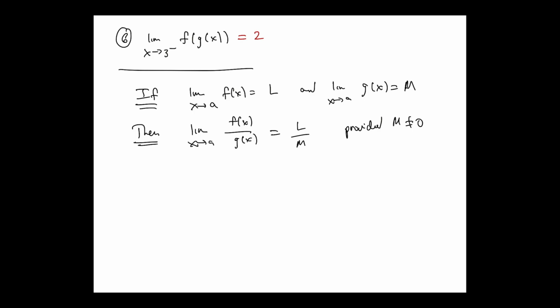It worked for g, you got 0, but what was the limit as x goes to 2 of f? Does not exist. That's not equal to a number. So the hypothesis of this theorem is not satisfied. That means we can conclude absolutely nothing. Maybe it works, maybe it doesn't.